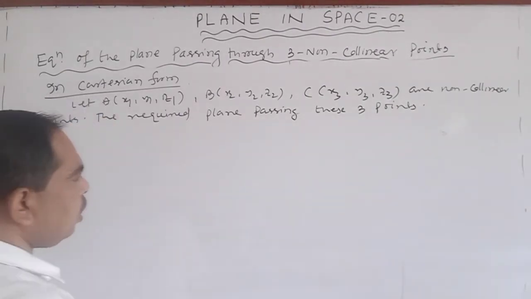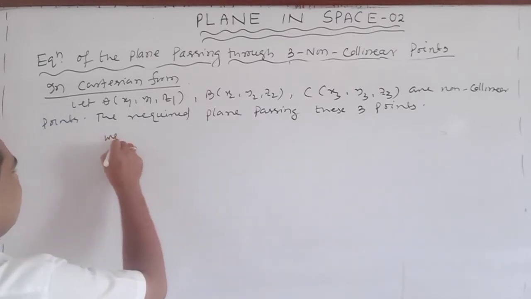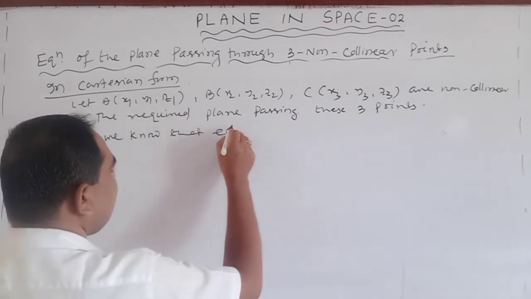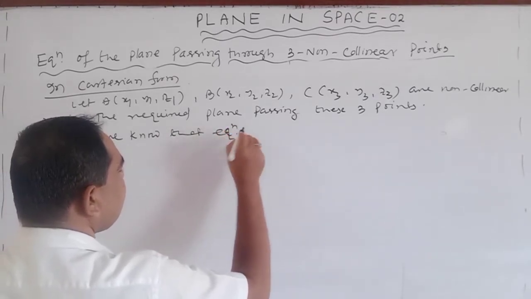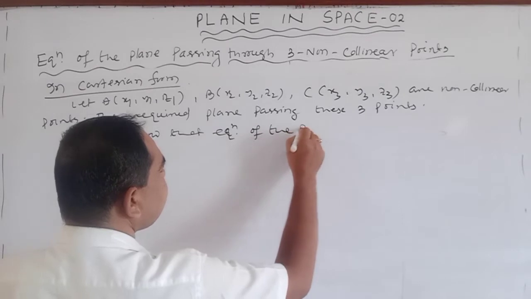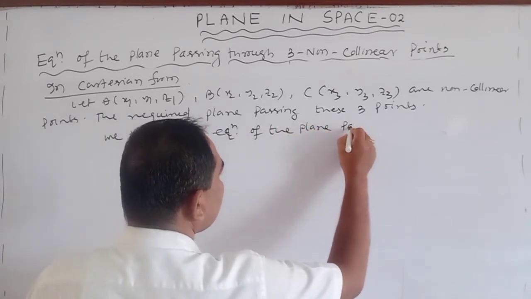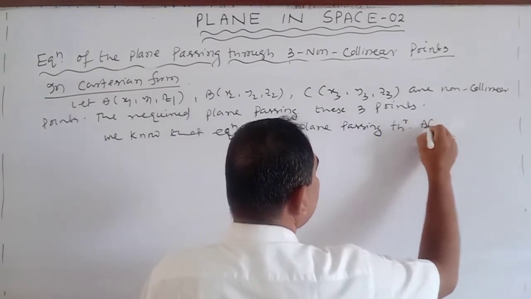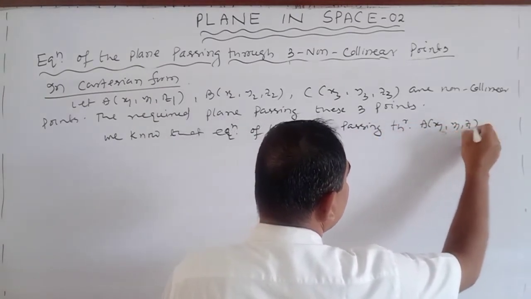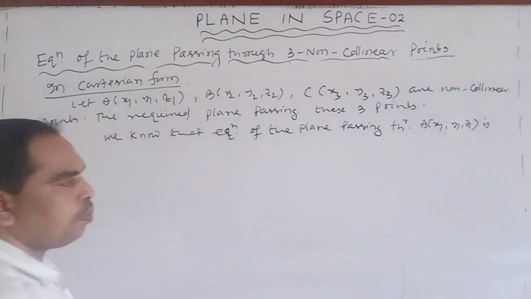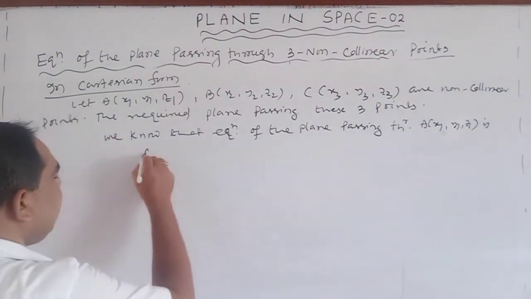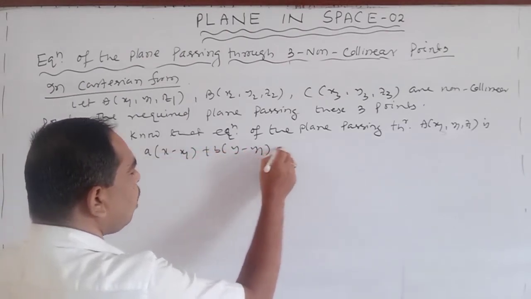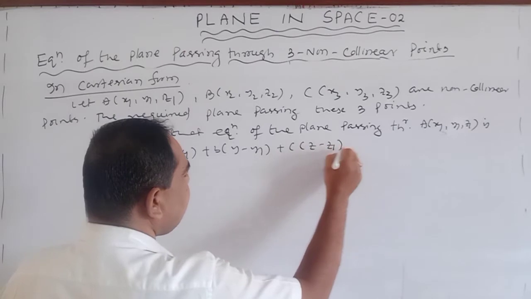Acha. We know that the equation of the plane passing through the point A (x1, y1, z1) is a into x minus x1 plus b into y minus y1 plus c into z minus z1 is equal to 0.